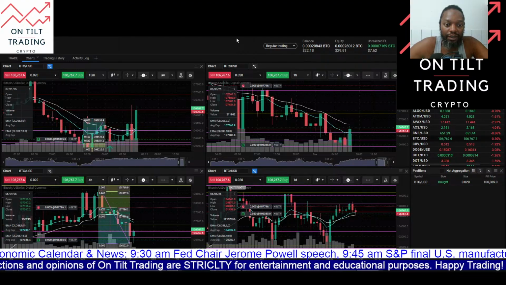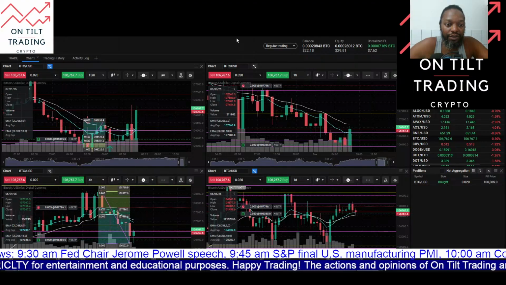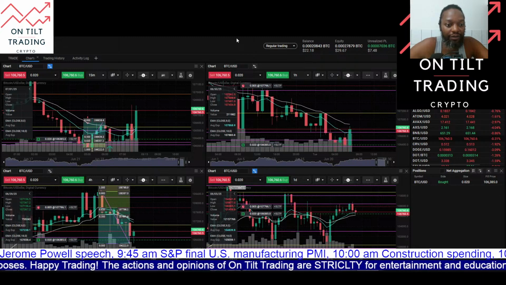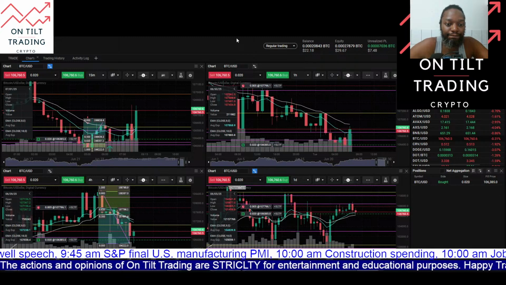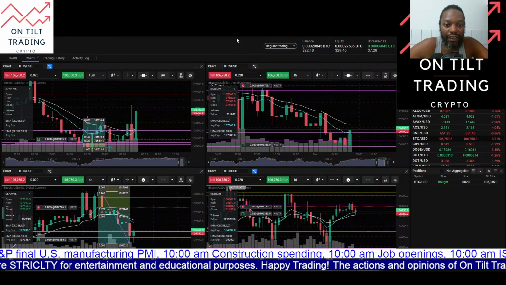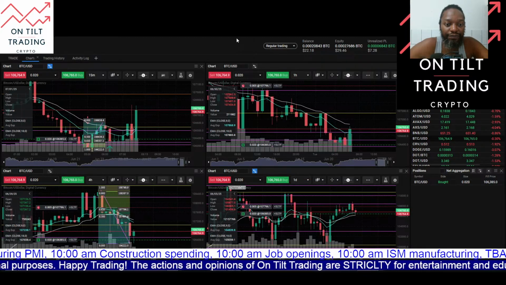Price consolidating and now having some buy-side delivery, potentially setting up for another test of that previous 15-minute candle high. Price consolidating here around the 106,750 level.